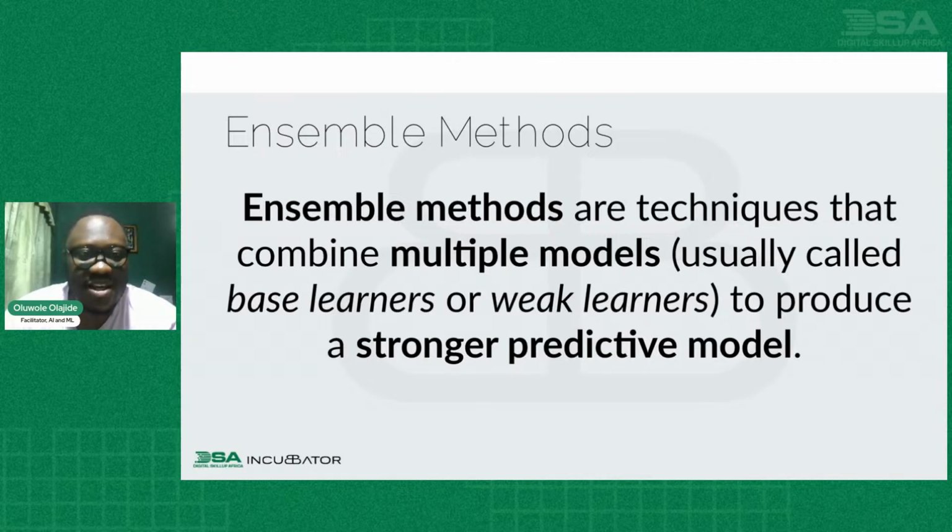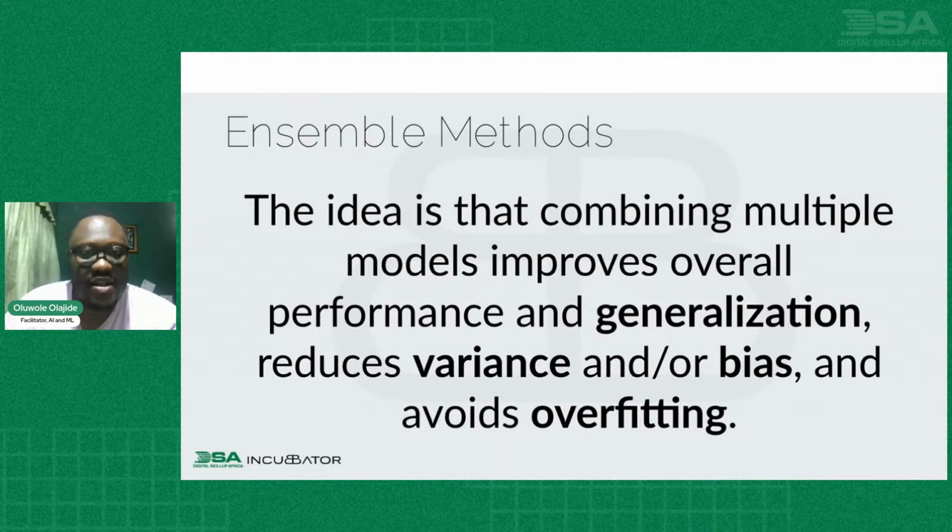So it really helps us to balance error. Okay. Then I said the idea is that combining multiple models improves overall performance and generalization, which helps you reduce your variance or bias and avoids what? Overfitting. So some of us might decide to try an ensemble model for whatever you want to do. It's good. That would be very fantastic.